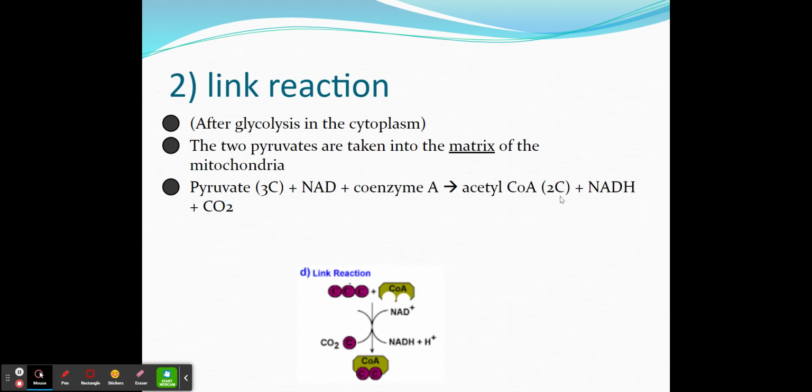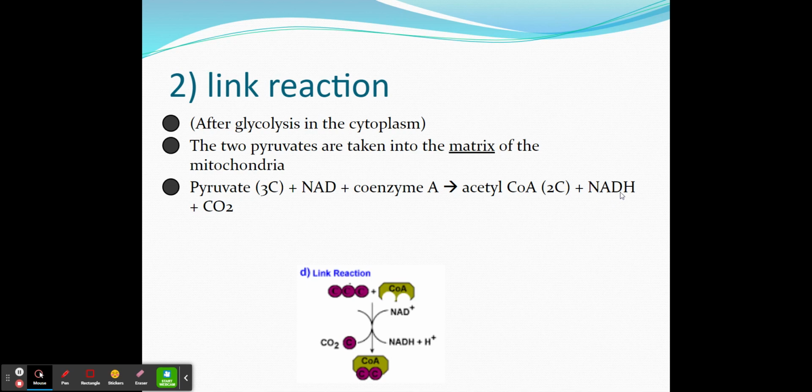Acetyl has 2 carbons in it, just like acetic acid, which is vinegar, has 2 carbons in it. So as we lose the carbon, we're going to oxidize pyruvate. It's going to gain some hydrogens, lose some oxygens. And as it gets oxidized, we're going to reduce the NAD into NADH.